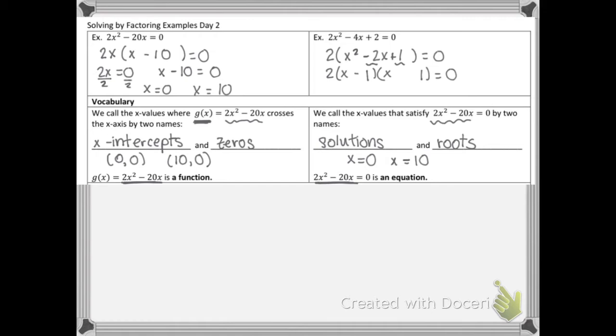And so they're both going to be equal to x minus 1. So when we solve this, if we set 2 equal to 0, that does not give us any solutions. And then solving, we get x equals 1. So this guy only has one solution. You can write it twice, or you can write it once.